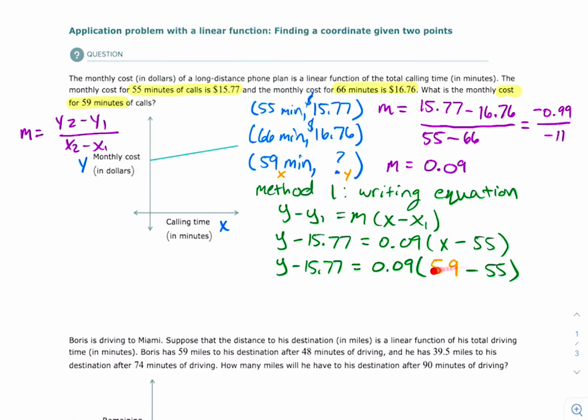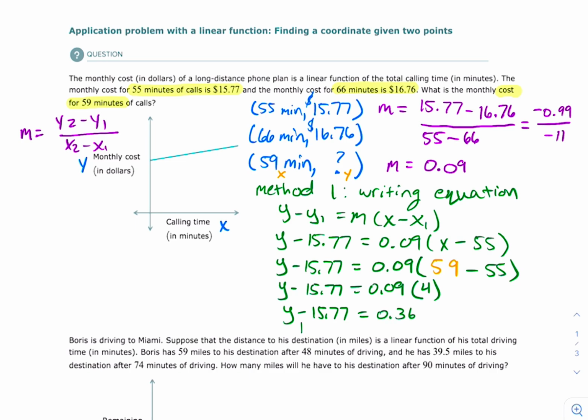So as I do that, I'm going to combine my 59 minus 55. So if I do that, that is going to give me 4. And then if I take 4 times that 0.09, let's see, that will be 0.36.